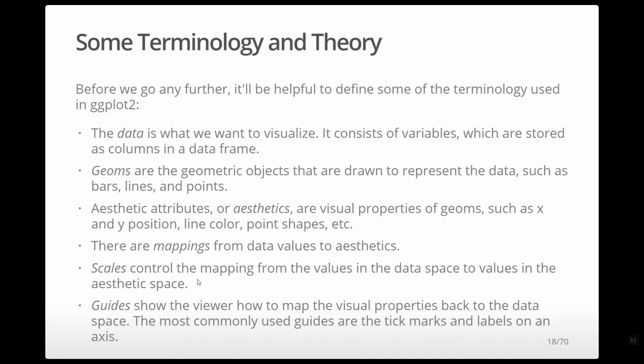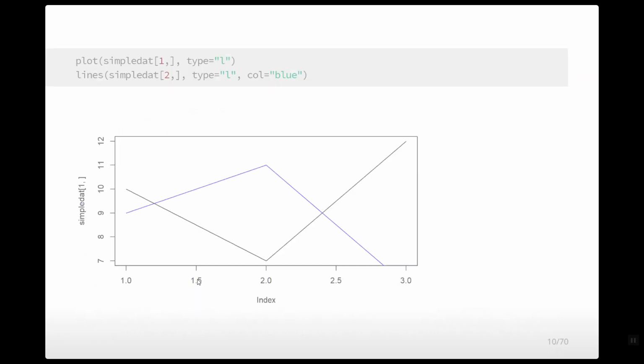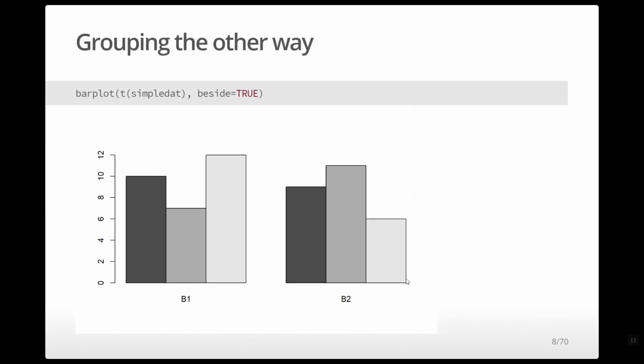You need a guide. Just like back here, without any guide, we have no idea what this black or gray or light gray represent. We would need a legend which says black represents this category, gray represents this category, and light gray represents this category. And that serves as a guide.